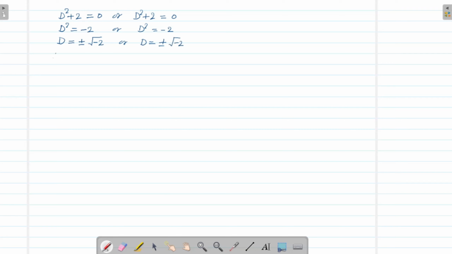So d equals plus minus square root of 2, and square root of minus 1 is iota. So d equals plus minus square root of 2 iota.